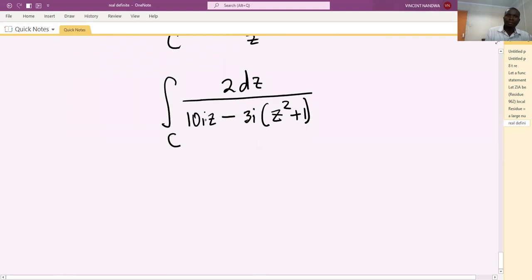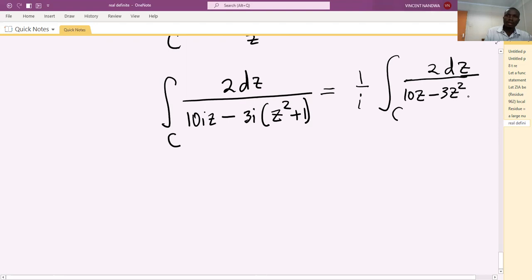Because I have an i on this term and an i on this term, I can factor it out. So I write 1 over i times the integral of 2 dz over 10z minus 3z squared minus 3.